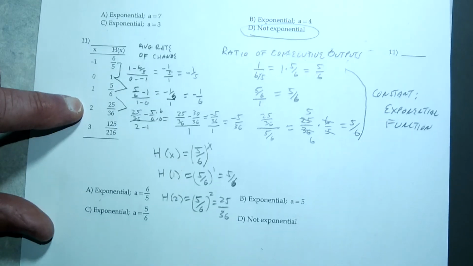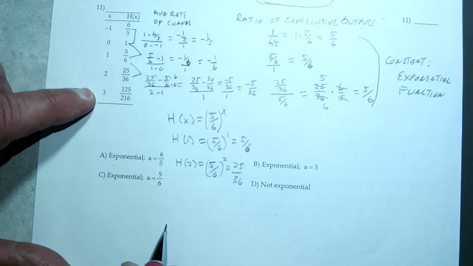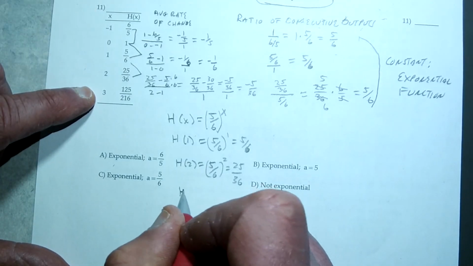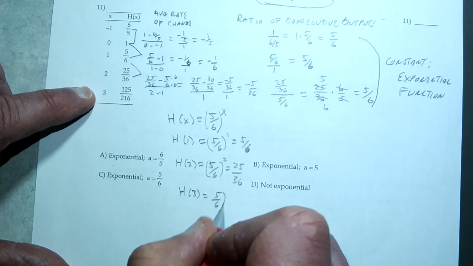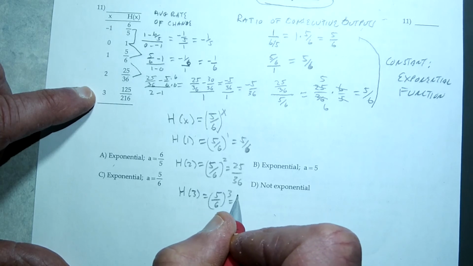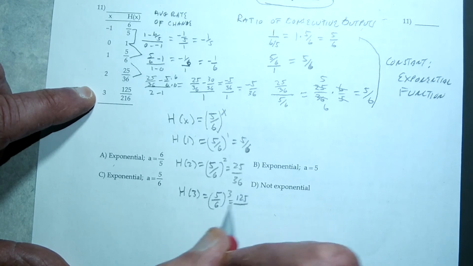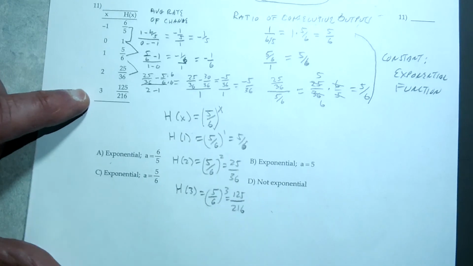And it looks like we're on to something here, right? That seems to be the function. Let's try it again. In fact, let's try with the third power. So h of 3 would be 5/6 raised to the third power, and 5 cubed is 125, and 6 raised to the third power is 216 if we try that in our calculator.